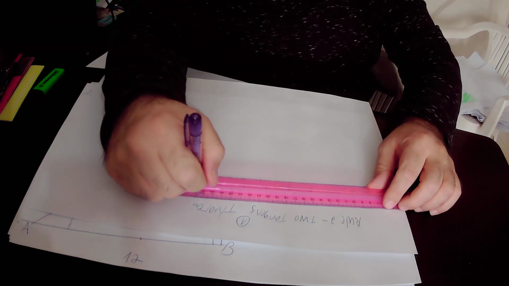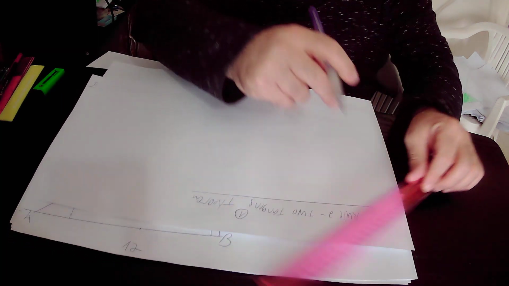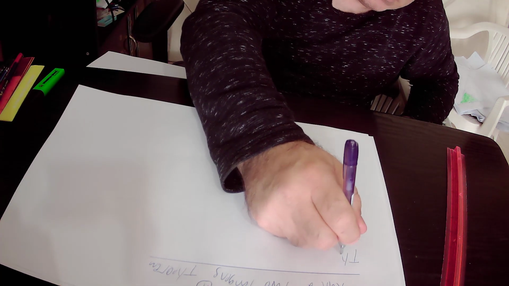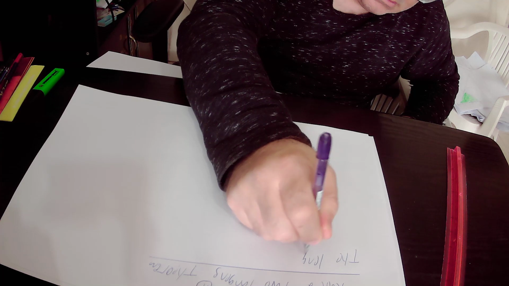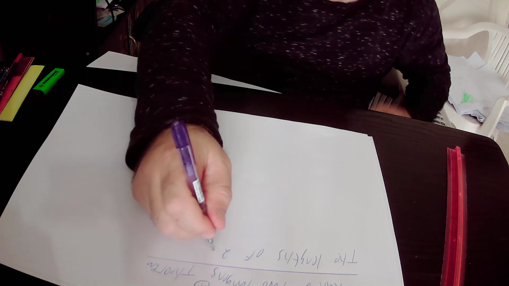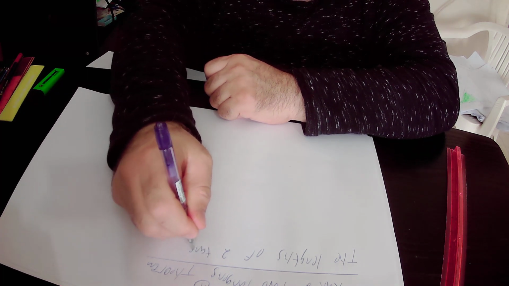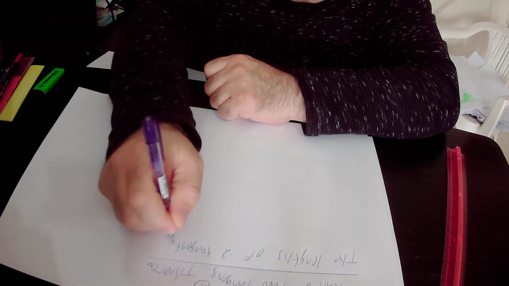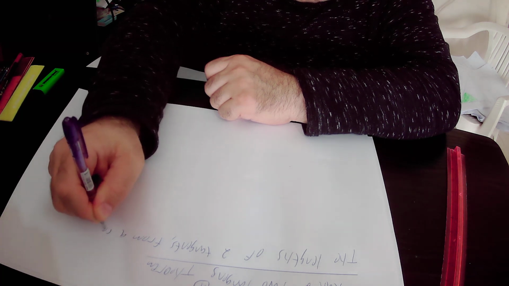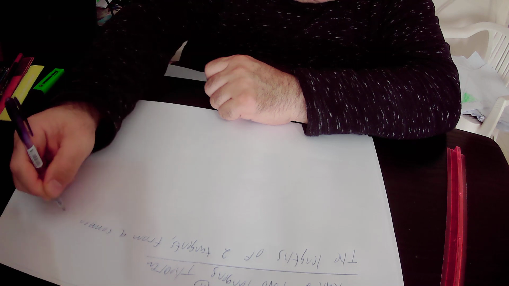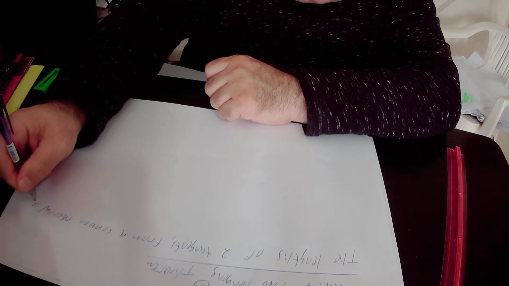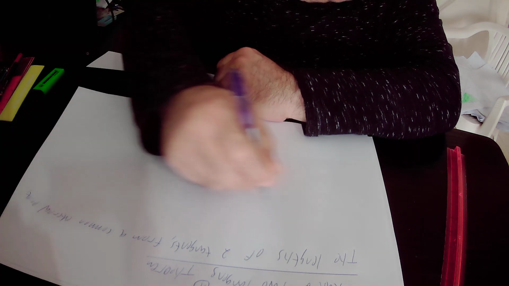rule number 2 or the two tangents theorem states that the lengths of two tangents from a common external point to a circle are equal.